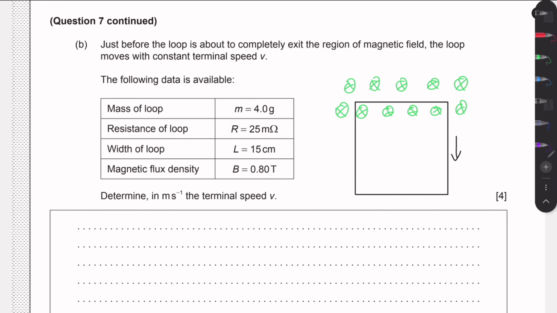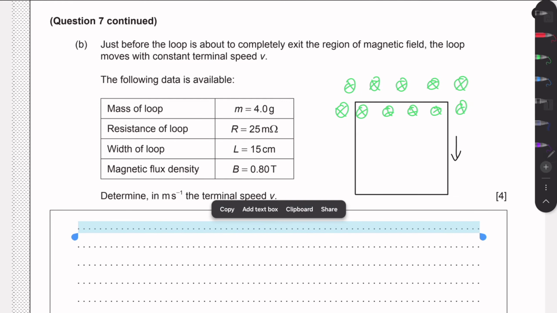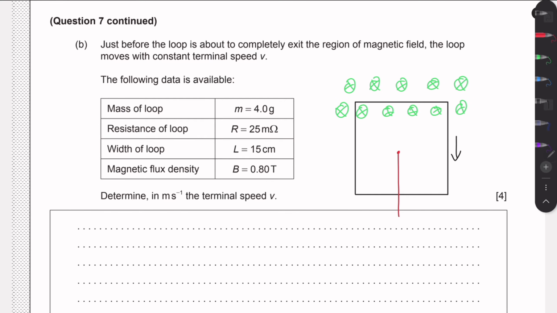So one of the forces we know that's acting on this is the gravitational force, so Fg. And there's going to be a magnetic force acting upwards as well, which is going to cancel this out. F magnetic. And the reason this force is acting here is because if we use our right-hand rule, we will see that there's going to be a current induced in this part of the loop. And since there's a current moving in a magnetic field, this current is going to experience a force.